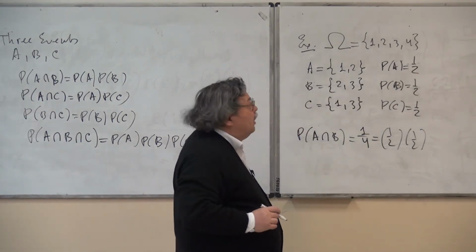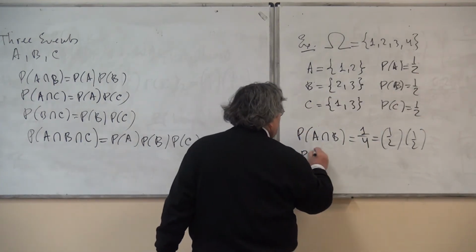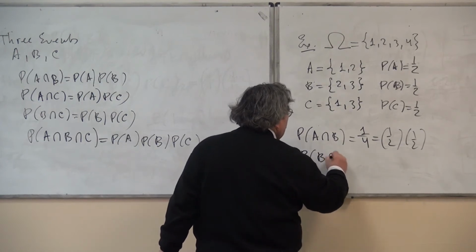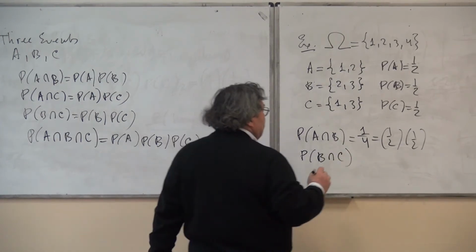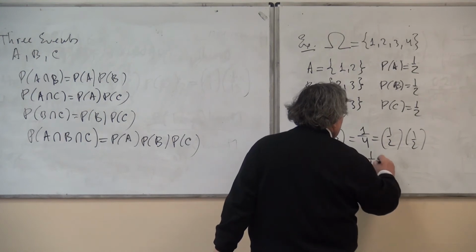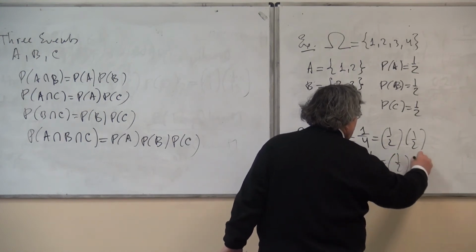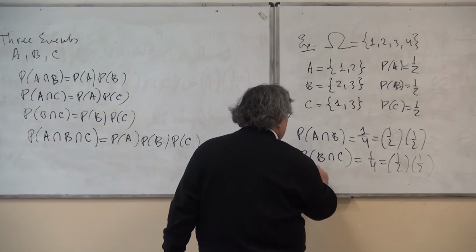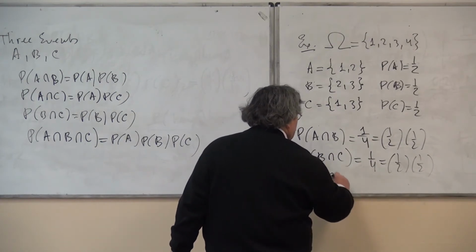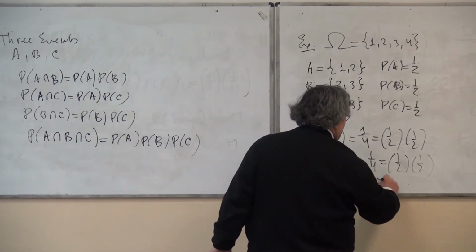And we get the same answer if we look at the 2 other pairs. It's also 1/4, and the probability of A intersect C is also 1/4.